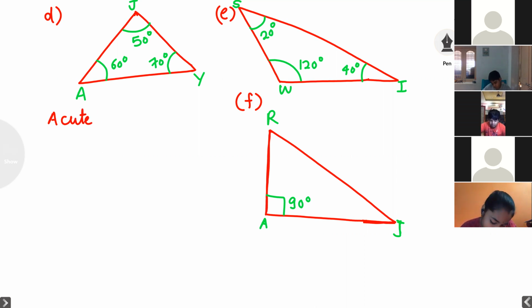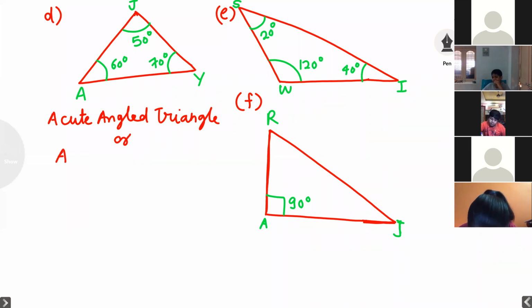Acute angled triangle, or we can say only acute triangle, both ways are there. Why acute angle? Because each and every angle is less than 90 degrees.